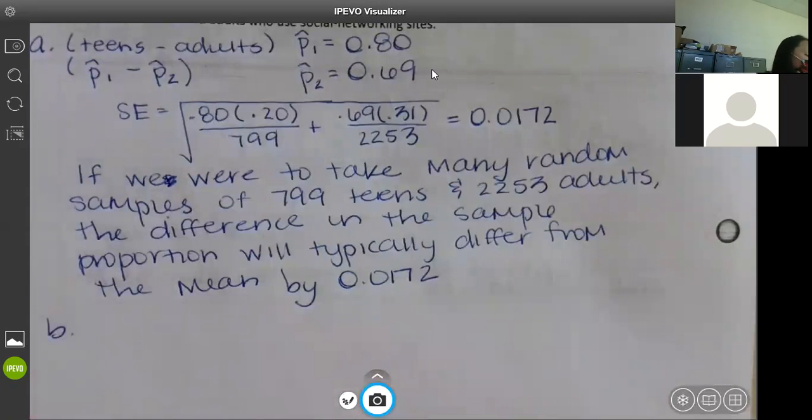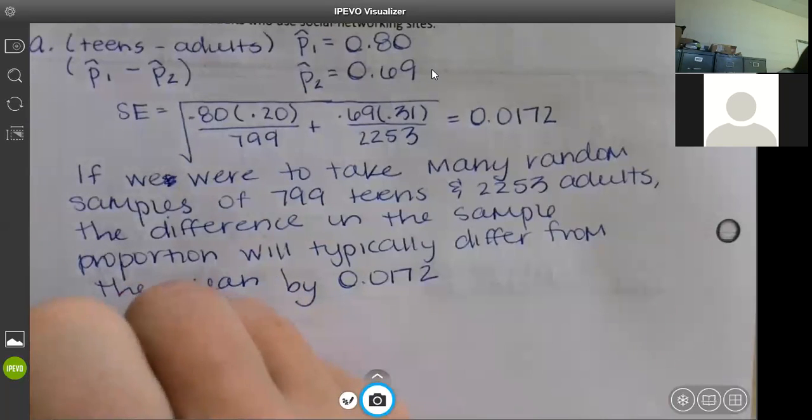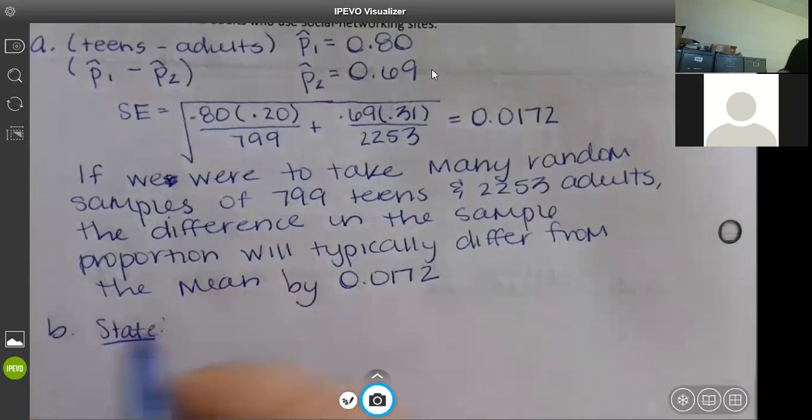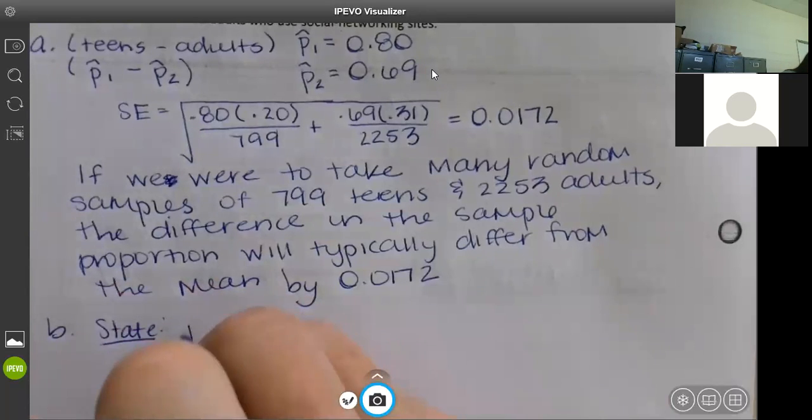So B, construct and interpret a 95% confidence interval for the difference between the proportion of all U.S. teens and adults who use social networking sites. Anytime you see interpret, that's going to be your state, plan, do, conclude. Okay. So in this one, we're going to state your proportions and what you're doing.